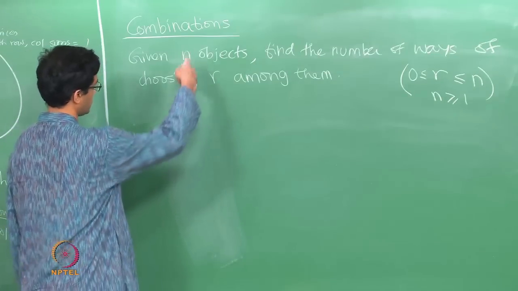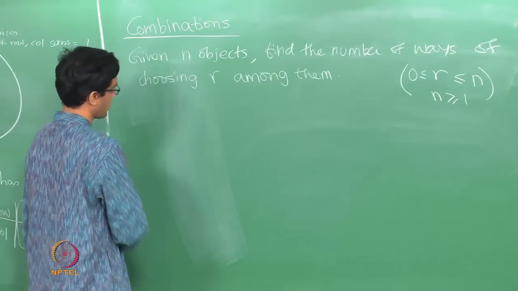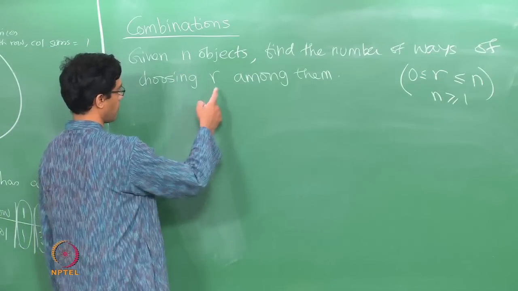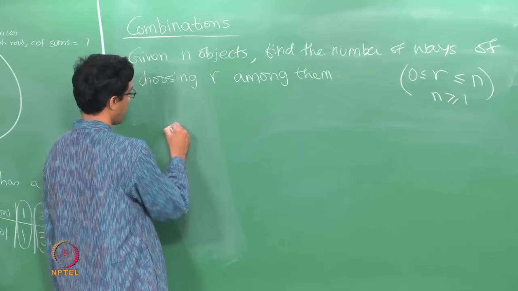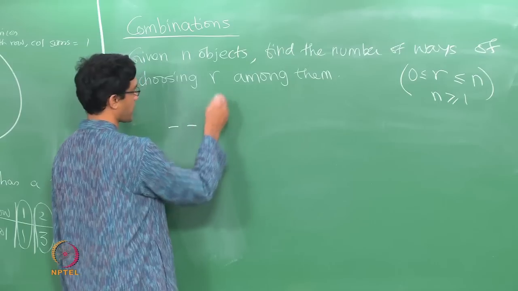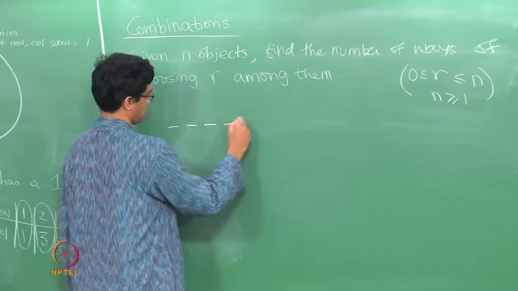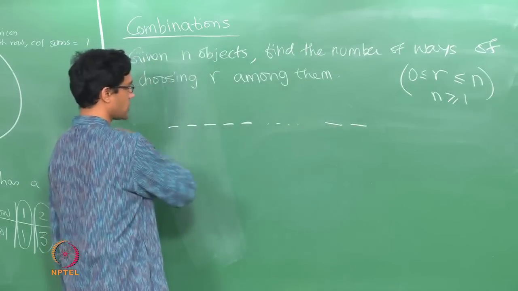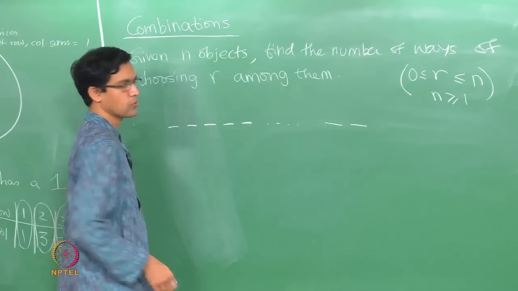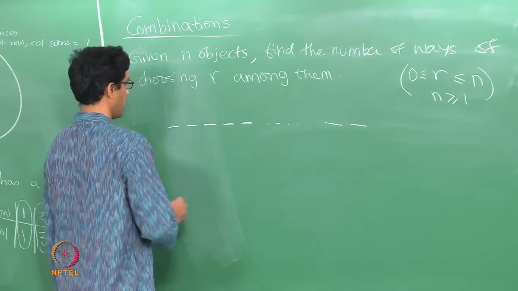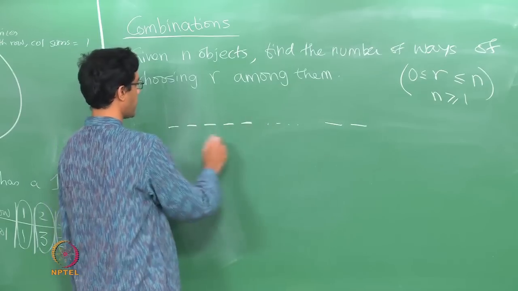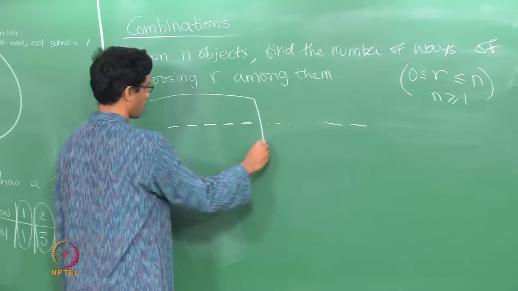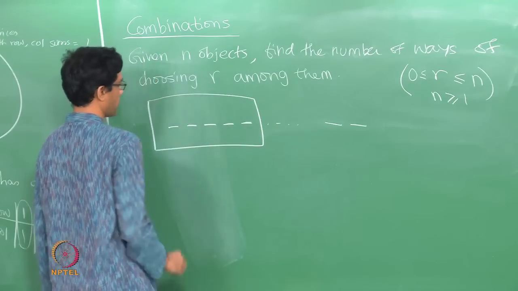So the way to solve this problem is sort of by going through permutations. So what this really amounts to is to say, well, let's arrange these n objects. So here are the n positions. You arrange these n objects in all possible ways. So you look at all possible permutations, and once you have a permutation you just choose the first R elements of that permutation.